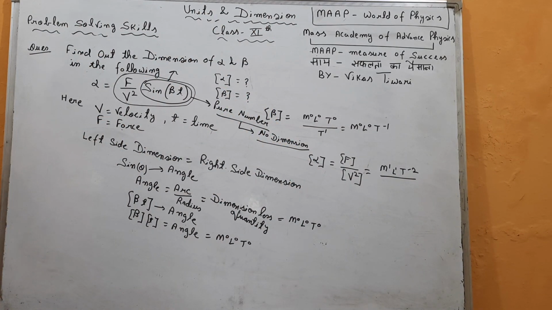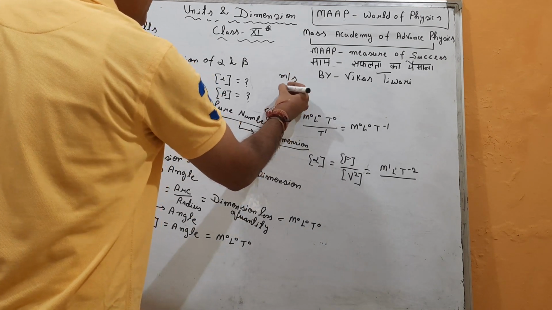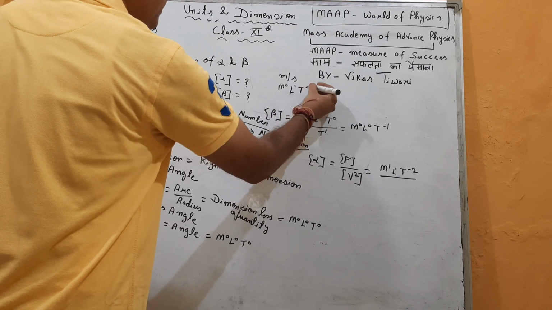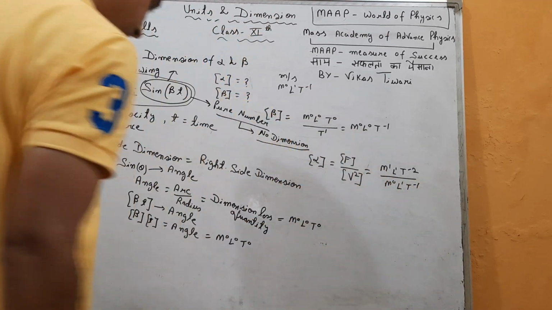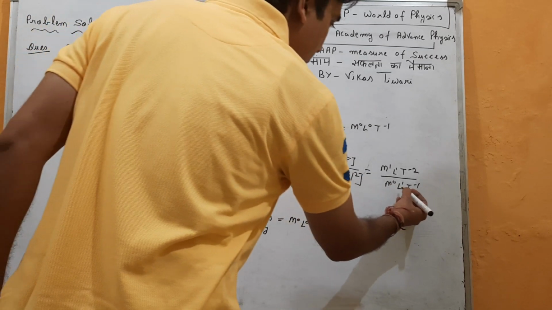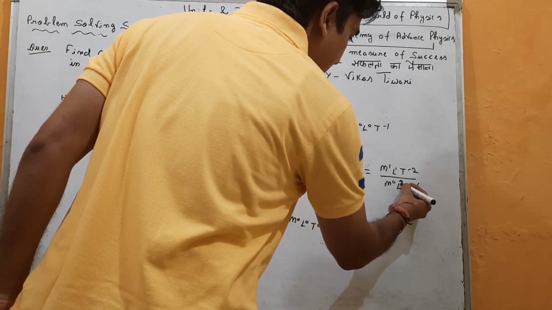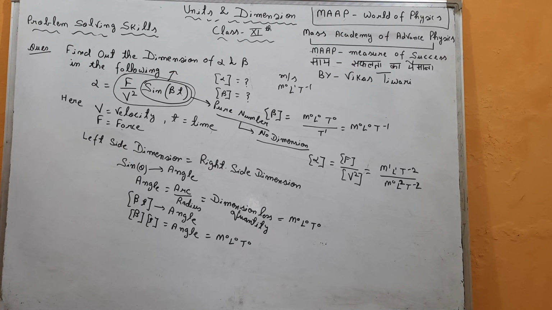Velocity is measured in meter per second, which is M0 L1 T minus 1. But here it is squared, so we can write the square of this as L square T minus 2.